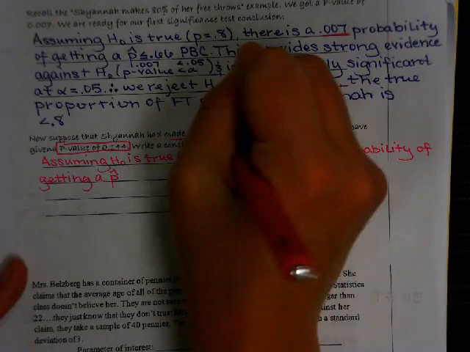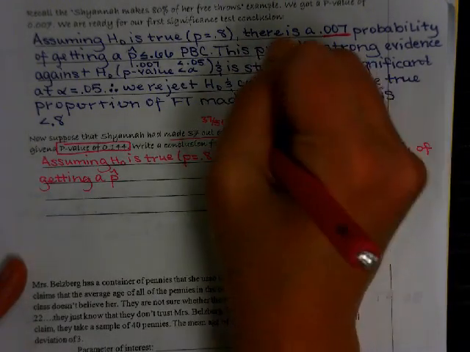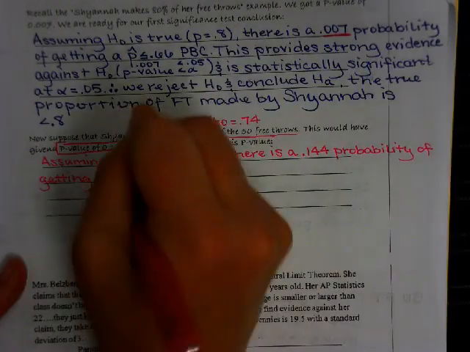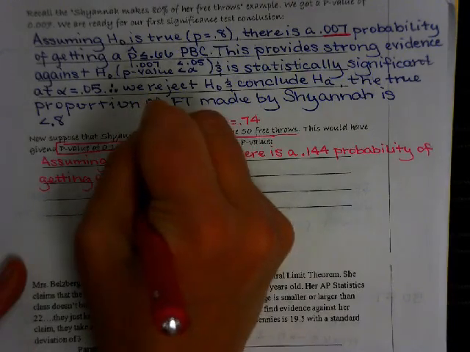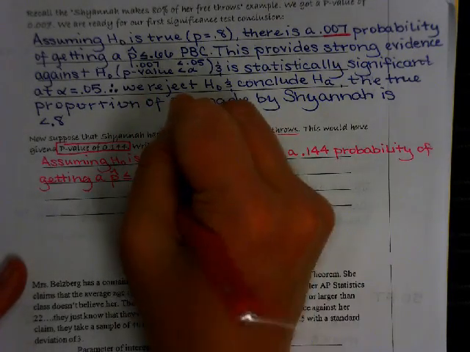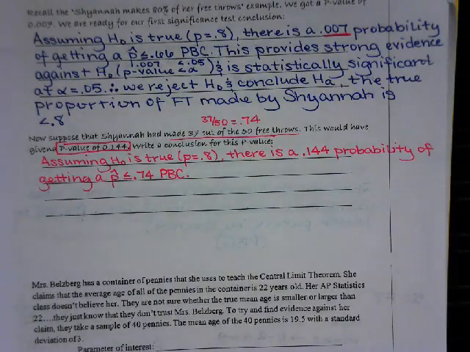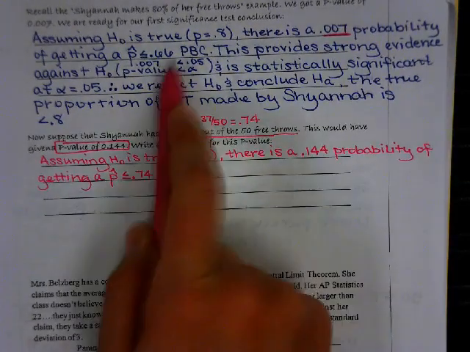So notice it's very similar. Just a couple things changed. Our p-value changed, and our estimate, our statistic, p-hat changed. Then it changes a little more here because our p-value is greater than alpha. So we say this provides weak evidence against H null.